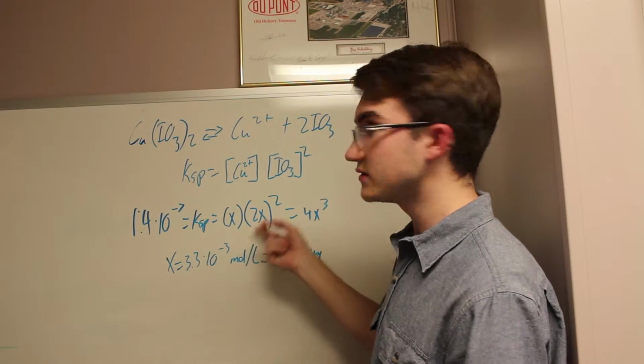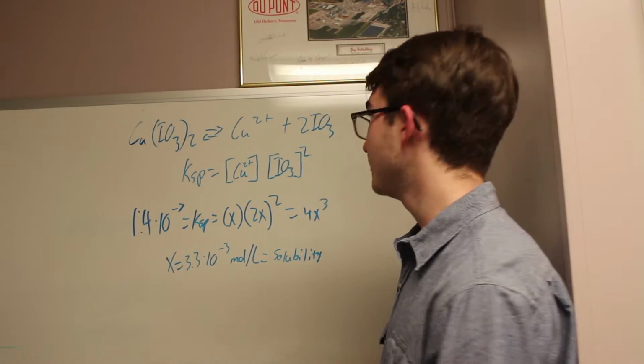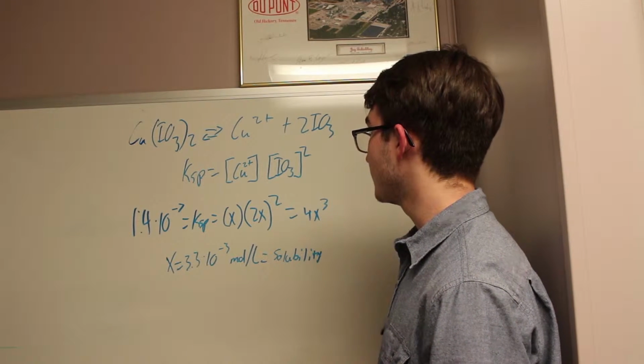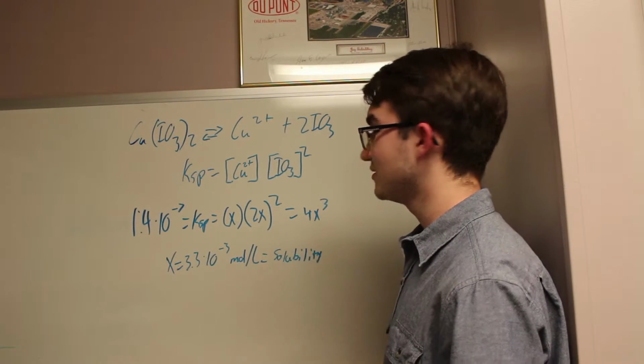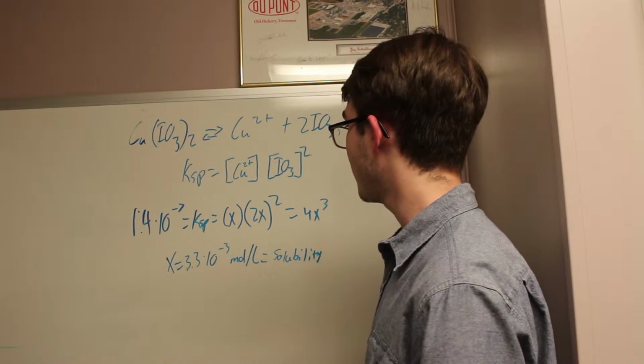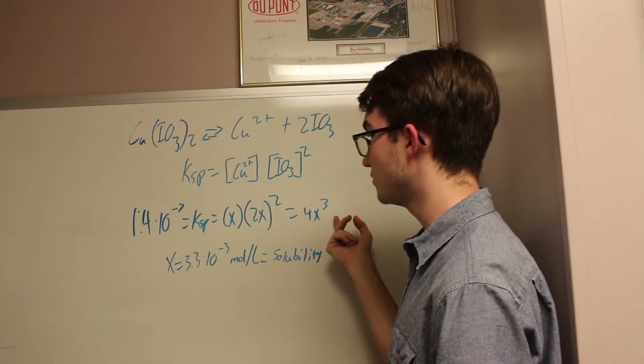So that's why it is 2x squared. That's the easiest way for me to put it in my head. Usually I just remember that if it's got a number up here, just put it down here and here. And so you multiply those together and it gives you 4x cubed.